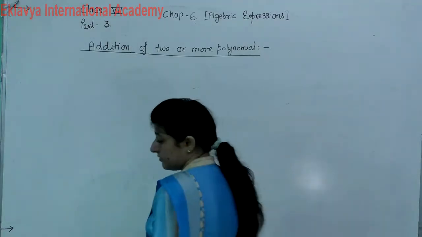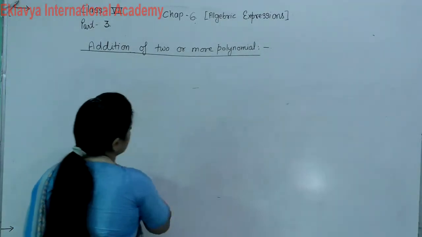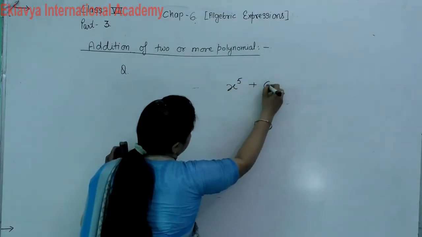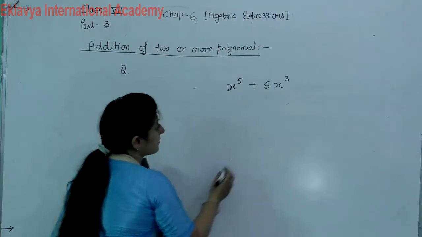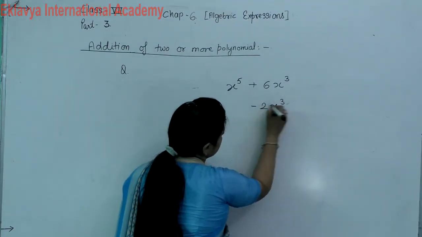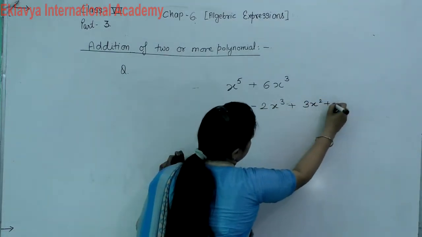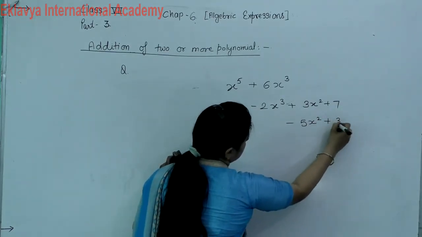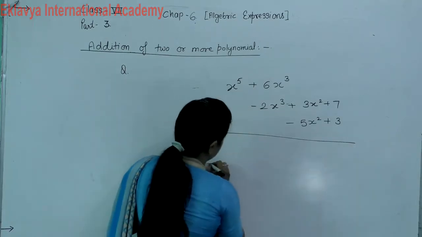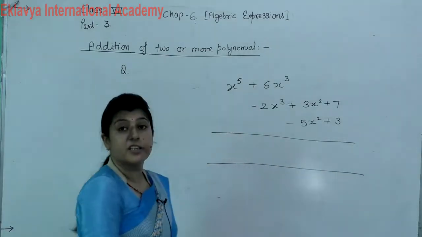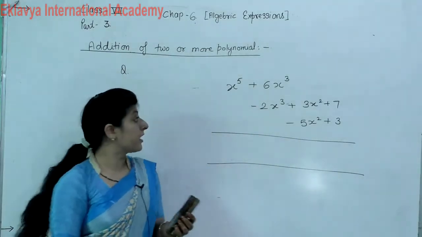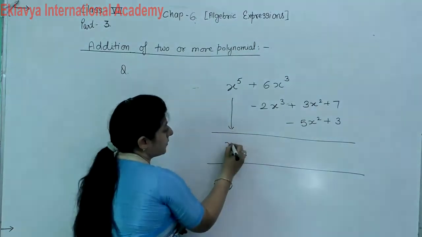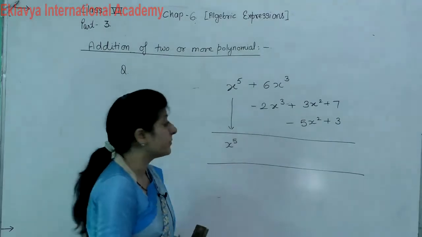One more question. This question is given to you, do the addition. How to do addition? See here, x power 5, firstly we put x power 5 directly, nothing is there.